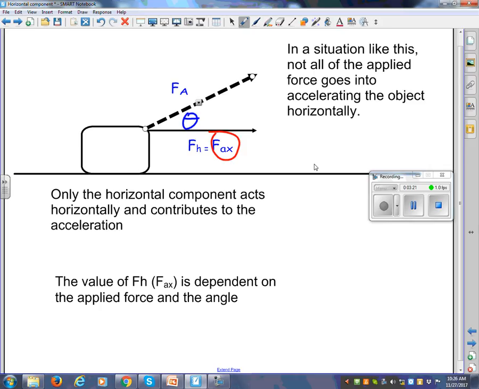Probably not a whole lot of that is necessary to write down. If I give you the FA and the angle, are you going to be able to find FAX? Can you do that? Probably. What kind of triangle is that, Jason? Right triangle, which means you're going to be able to use good old trigonometry, sine, cos, and tan.